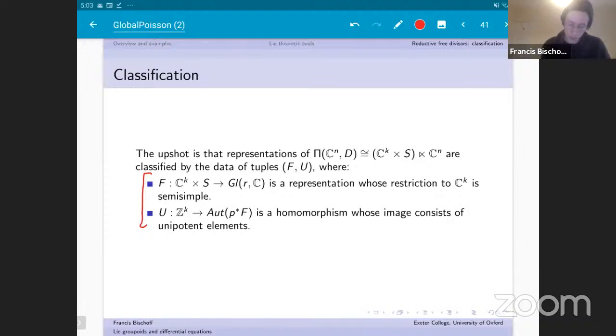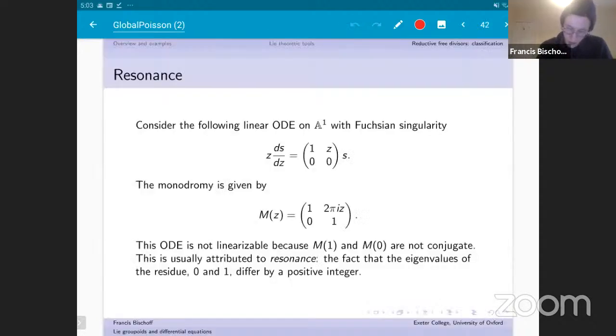And then I just want to comment on two more things. The first is about resonance. This is something which shows up when you study differential equations with Fuchsian singularities, and it's really the main source of subtlety and confusion in the study of these differential equations.